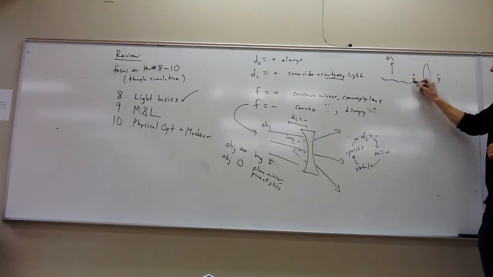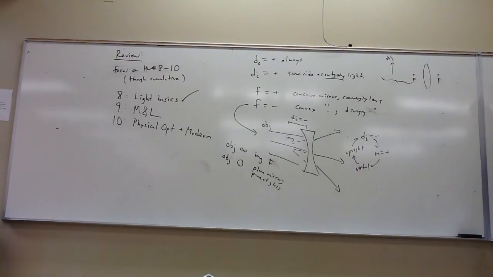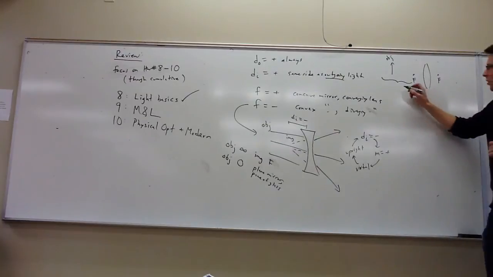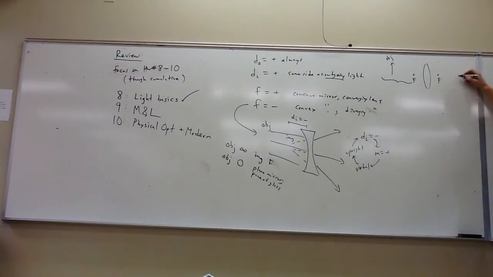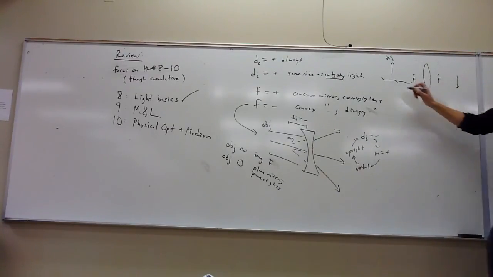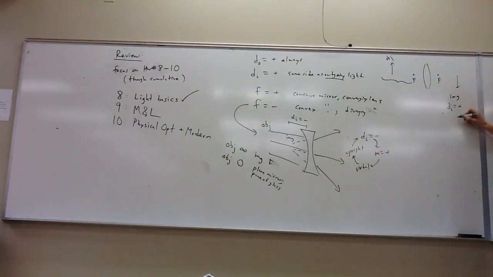If you're outside the focus, the lens is able to do what it's named for, converge things. So what you will get is that the image will have d_i positive, it will be a negative magnification, it will be a real image that you can capture on a film or a screen, and it'll be inverted.